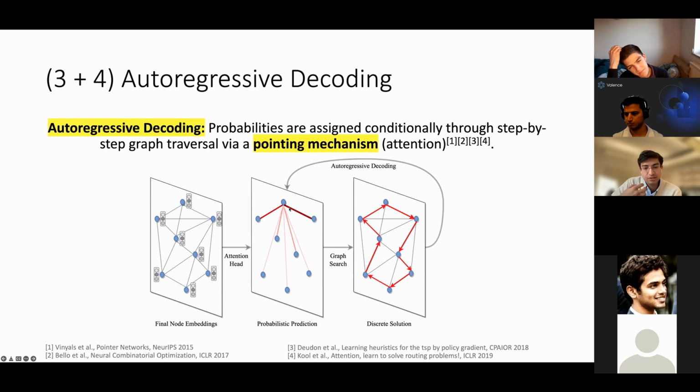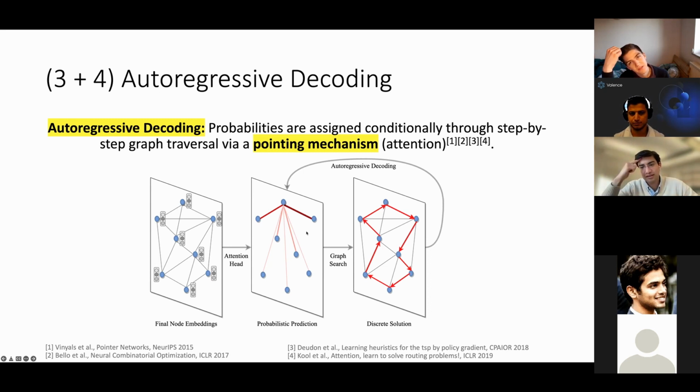And you may choose the neighbor which has the highest probability to decode. This is called a pointing mechanism in the literature, because it's not really attention, you're pointing from one node to the other, but the mechanism underlying this is attention.